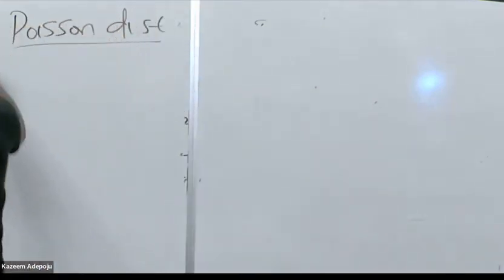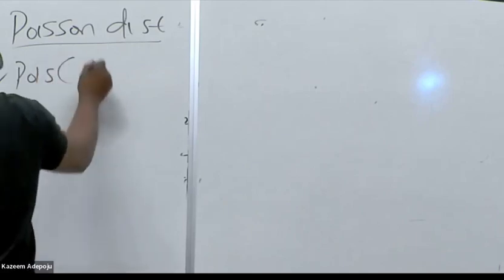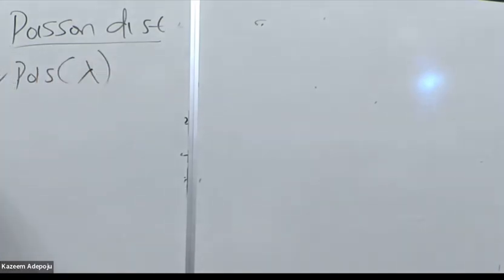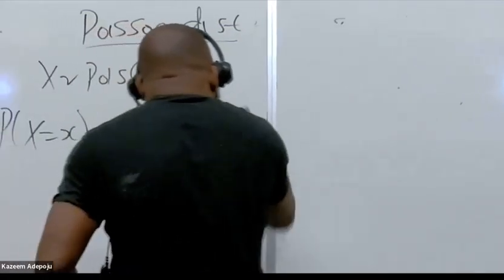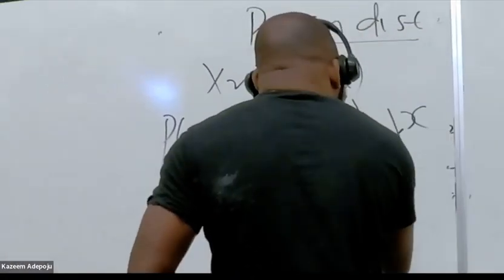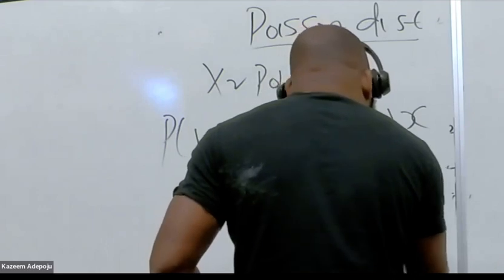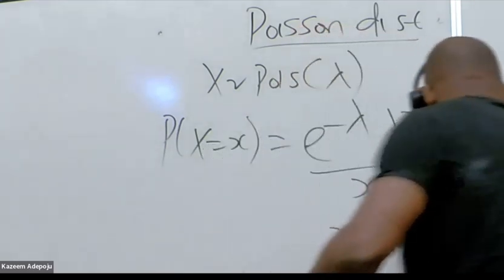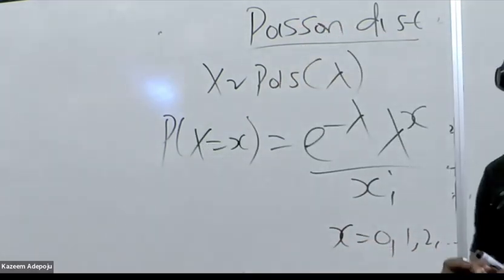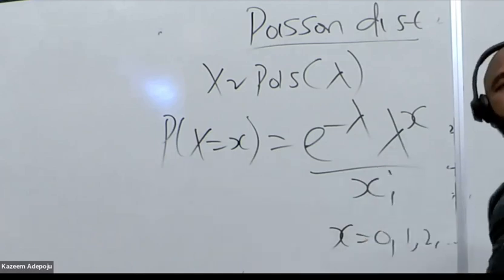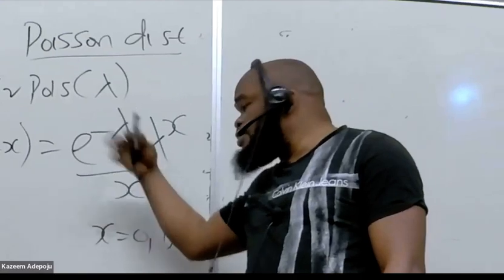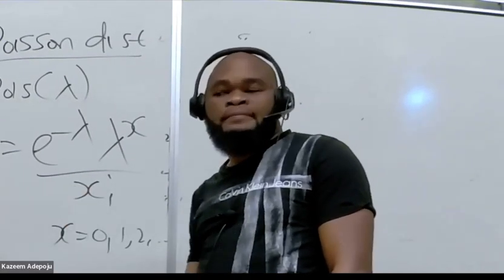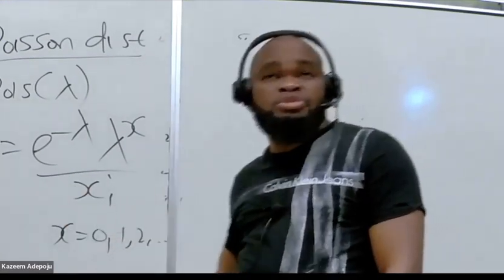X follows a Poisson distribution with parameter lambda. The probability of X equals e to the power negative lambda, lambda raised to the power x over x factorial, where x starts from 0, 1, 2 to infinity. You need to know lambda. The lambda is called the rate parameter before you can use this distribution.